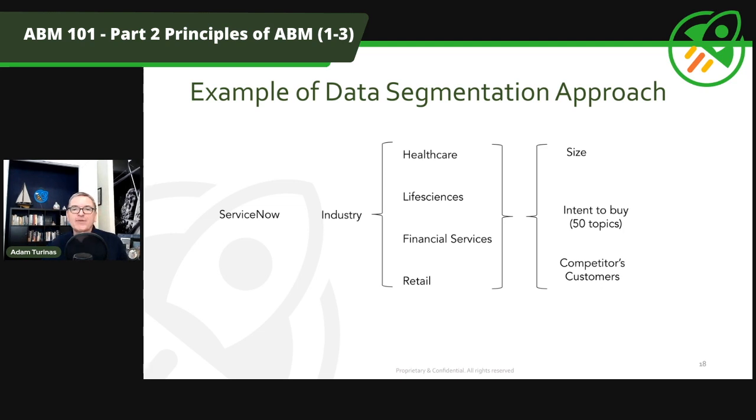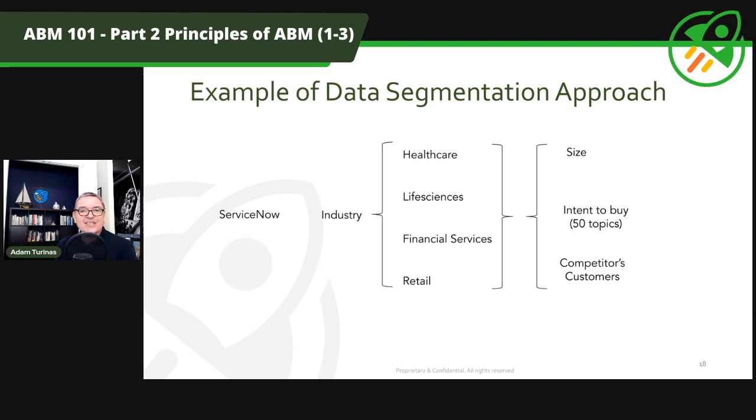Here's a couple of examples of segmentation and targeting. This is a company that we did some business with. They happen to be a ServiceNow software company, so their application works on top of the ServiceNow platform. So the first ICP characteristic is, does this company use ServiceNow?